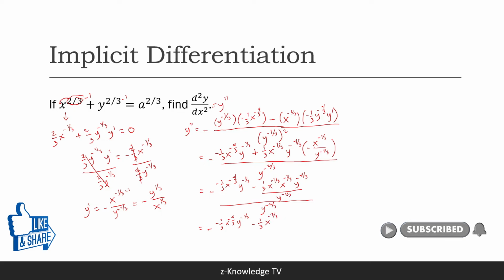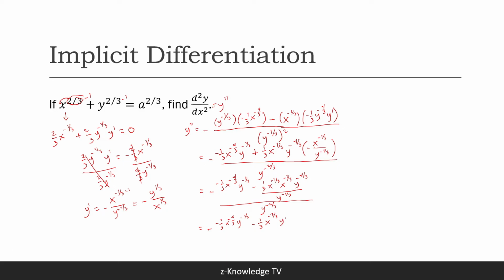Then, ito naman, pag pinag-divide natin, magiging y. Since 'to, pag inangat mo, magiging negative 4/3 plus 1/3. So, matitira is negative 3/3 or negative 1. Tama? So, divide by y is to negative 1/3.